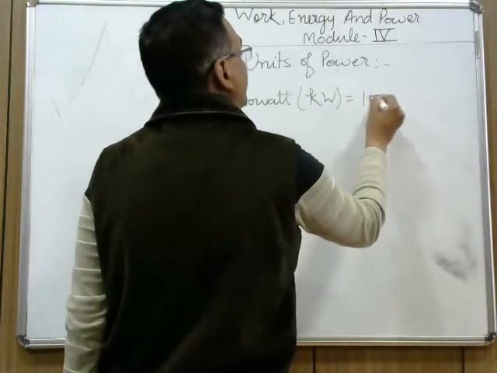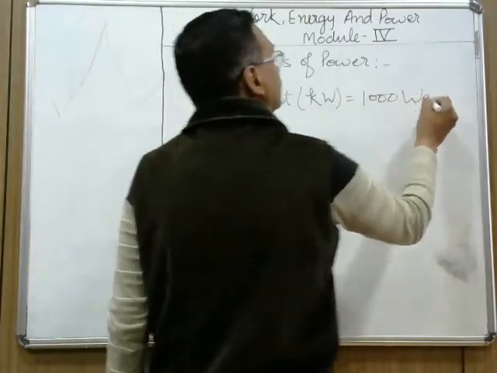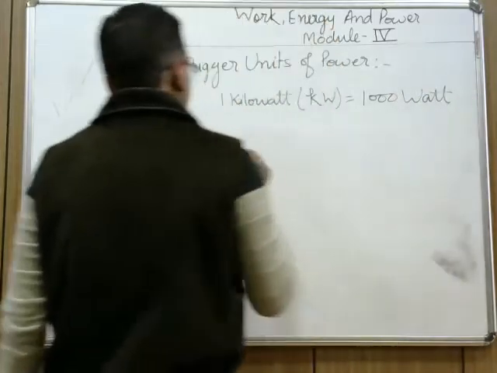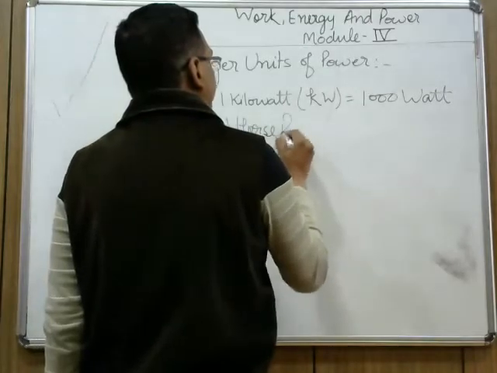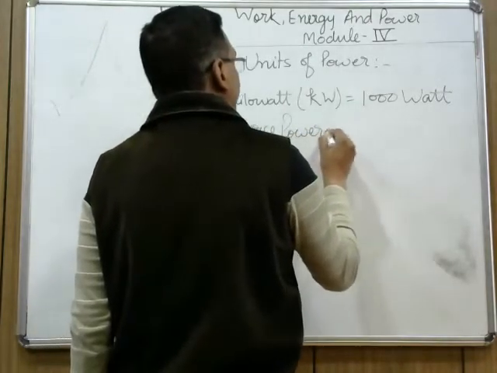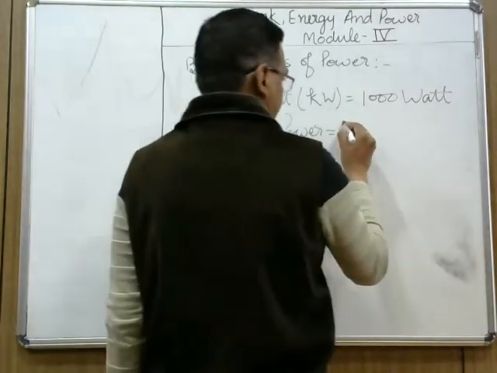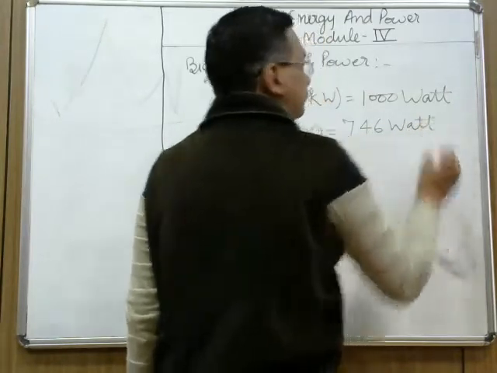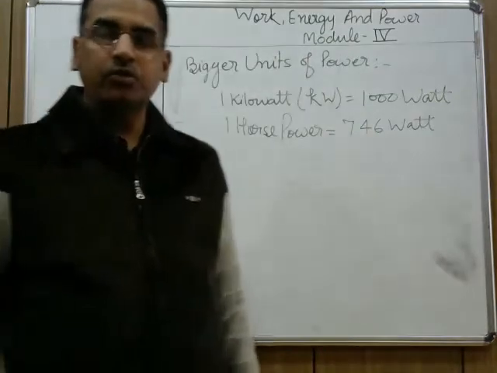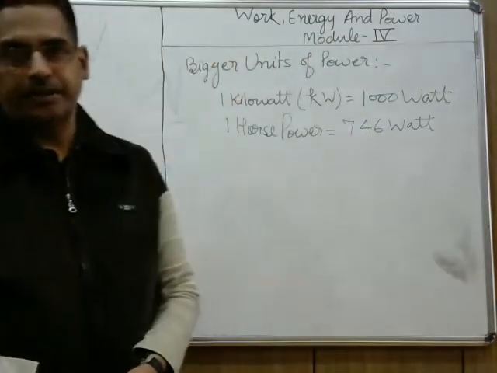This is 1000 watt. Another unit is horsepower. 1 horsepower is 746 watt. So these are the two bigger units of power.